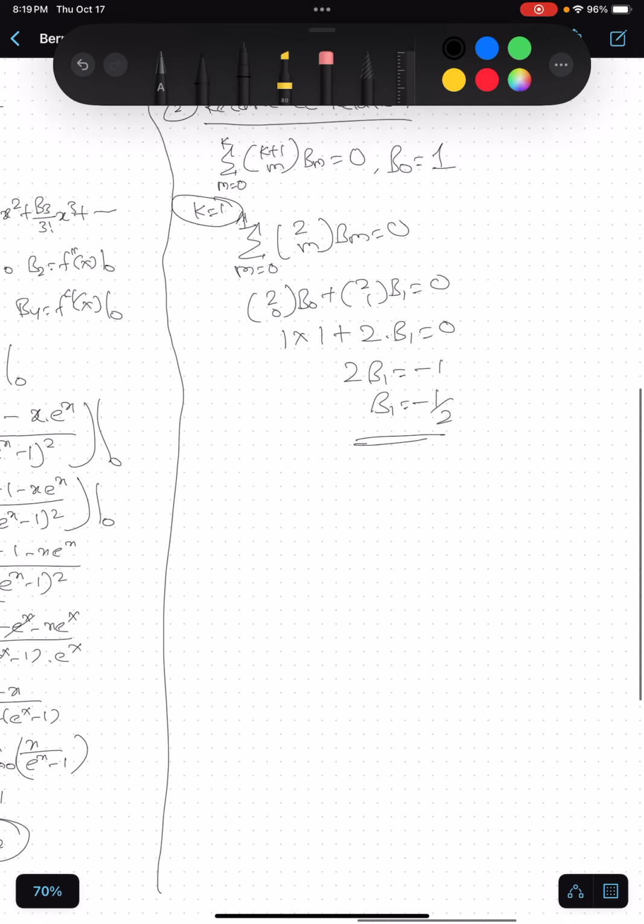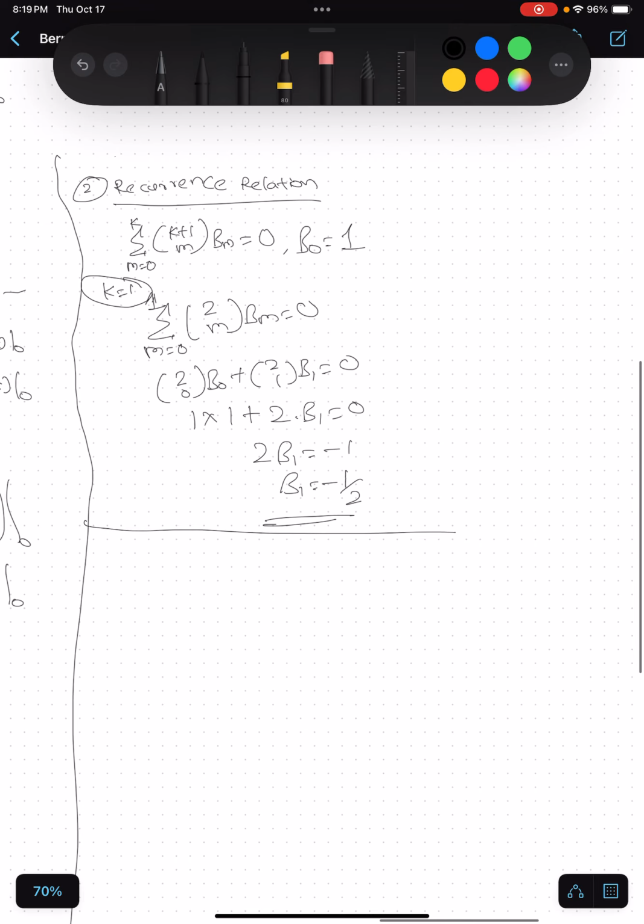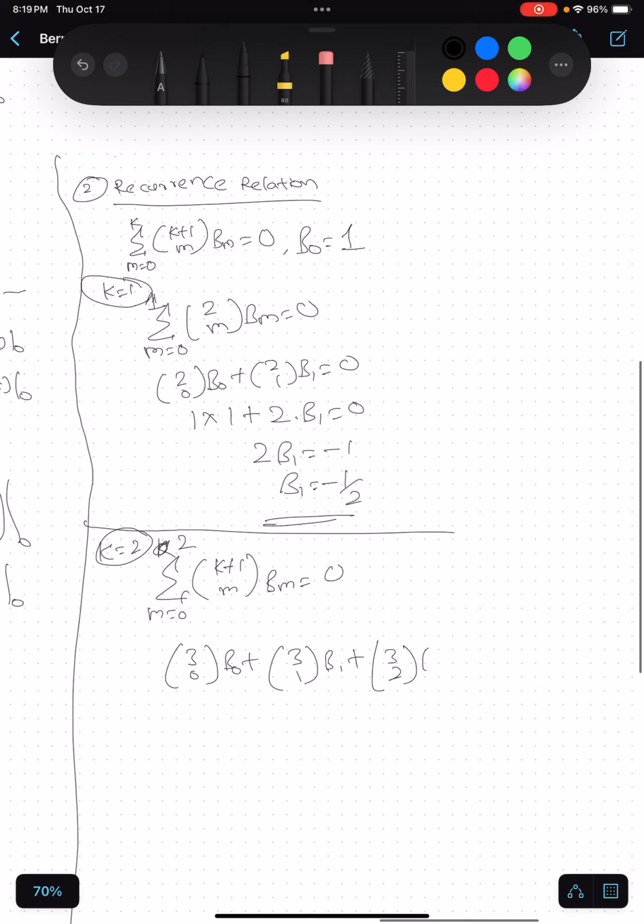Yeah. Now let's try to find b of 2. So we can take k equals to 2. In that case, we will have the sum from m equals to 0 to k of k plus 1 choose m, b of m is equal to 0, right? Now if k is 2, we will have 3 choose 0, b of 0 plus 3 choose 1, b of 1 plus 3 choose 2, b of 2 is equal to 0.